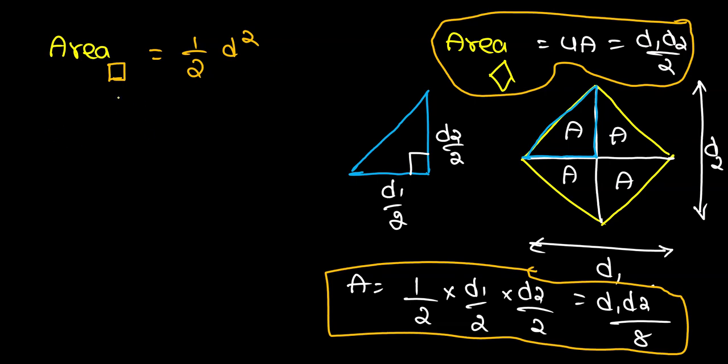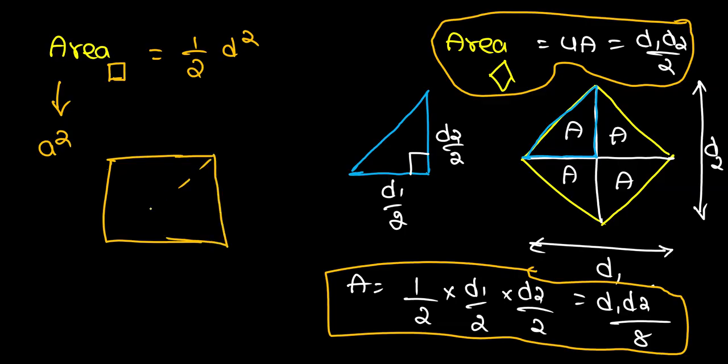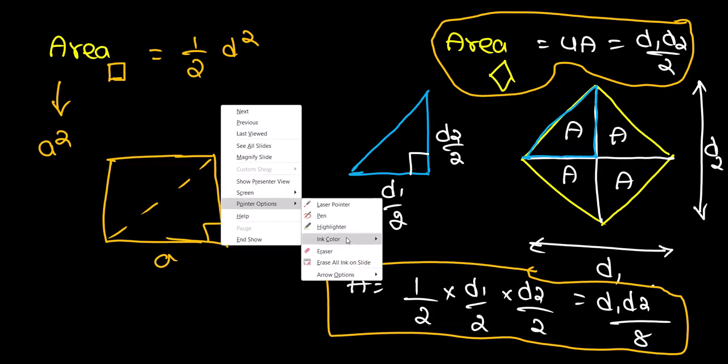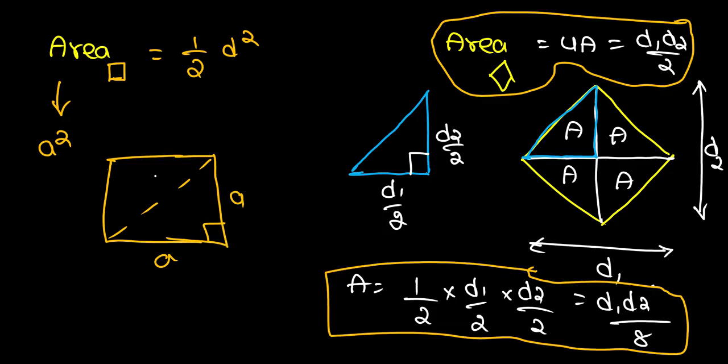You know the area of a square is nothing but a square. In a square, the diagonal is nothing but a root 2. This is a, this is a. If you apply the right angle triangle, the diagonal is equal to a root 2. When the diagonal D equals a root 2, the side is D by root 2.